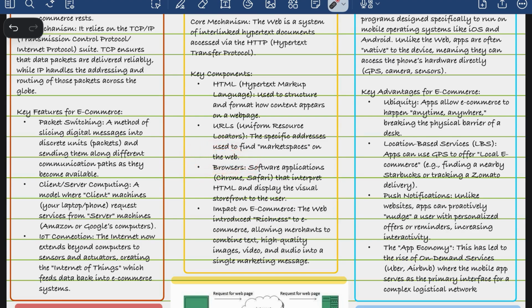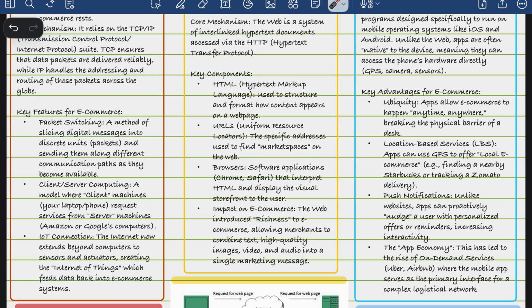All right. So why is the web so revolutionary? What is the impact of the web on e-commerce? It introduced richness, one of the features of e-commerce we discussed. Before the web, online data was mostly boring, plain text. The web allowed merchants to combine bold text, high resolution product photos, interactive 3D models, and video reviews all into single marketing messages.